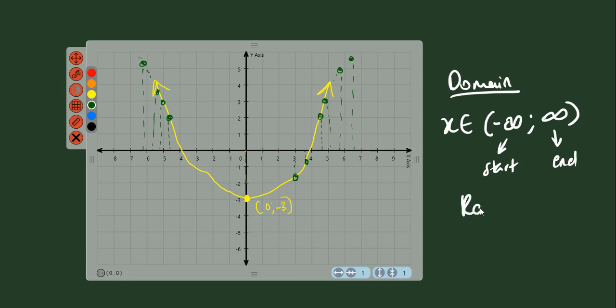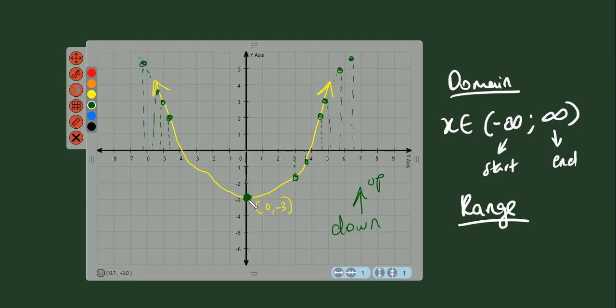What about the range? What is the range of this graph? Well, to find the range, remember, for the range we move from down to up. So we start on the first point, down. This is our first point on the graph, right?